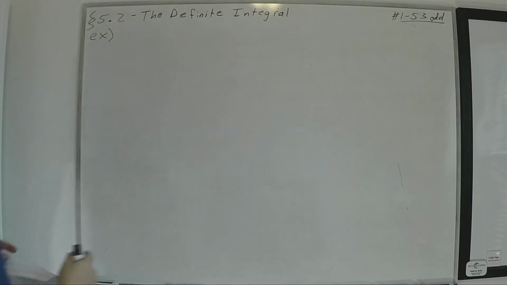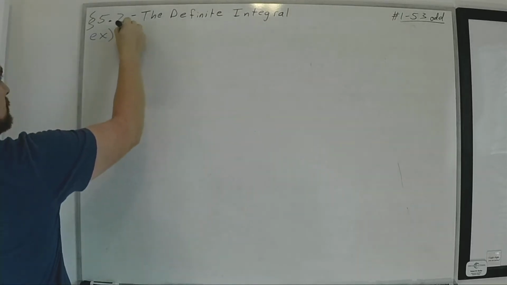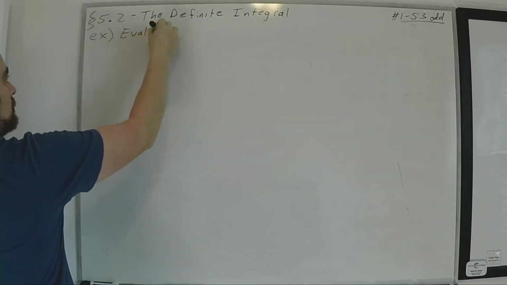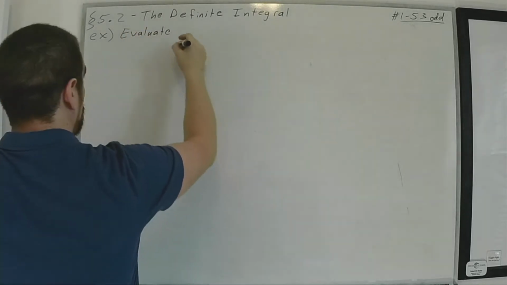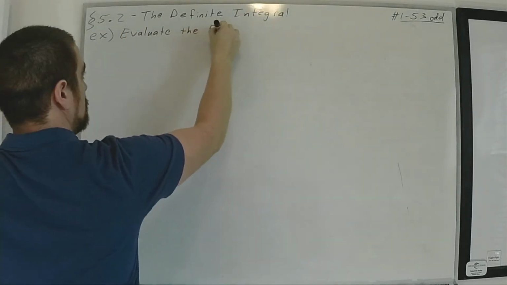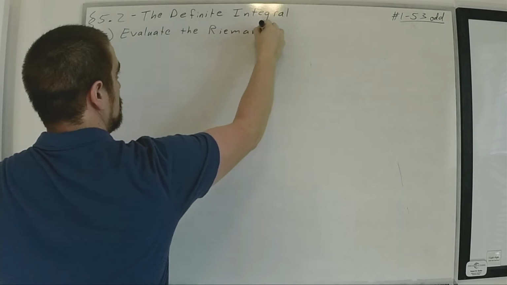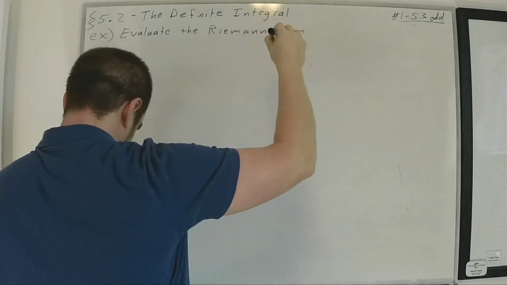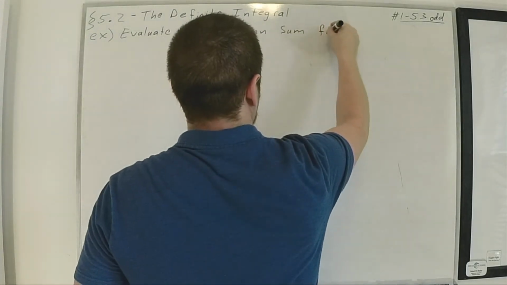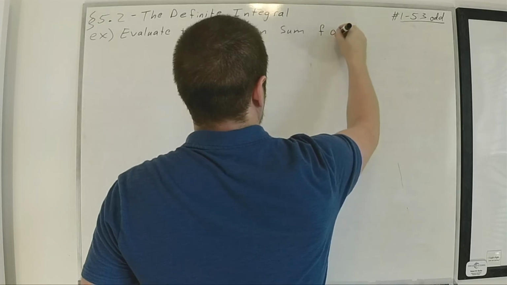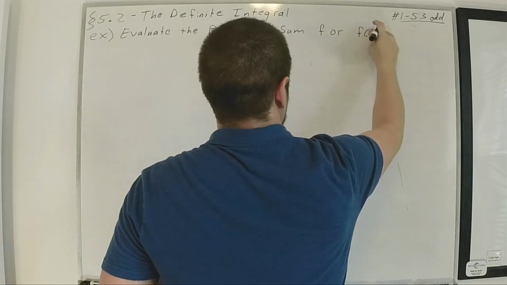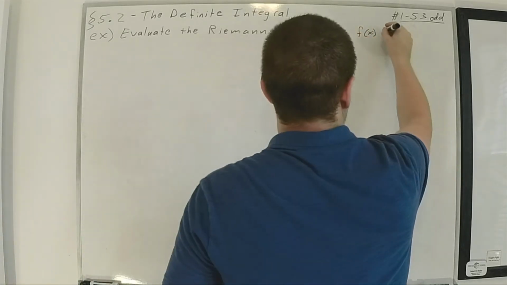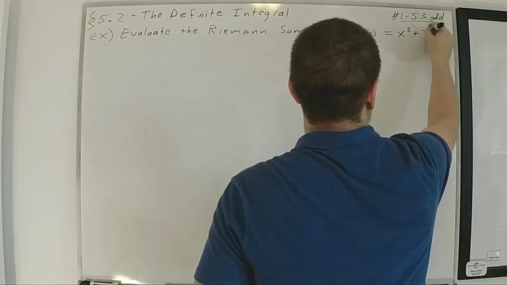So first, we want to evaluate the Riemann sum for f of x is equal to x squared plus 2.